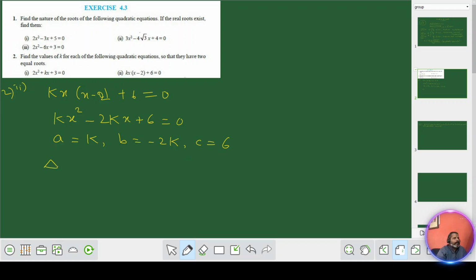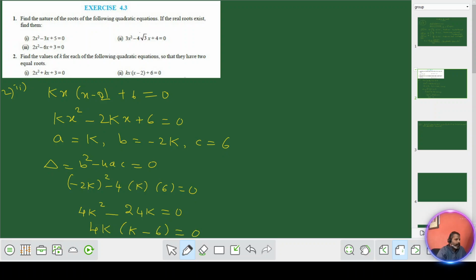Since they said the roots are equal, we make it equal to 0. So b is −2k: (−2k)² − 4 into a is k, c is 6, equal to 0. (−2k)² is 4k², minus 4 times 6 is 24k, equal to 0. What is common here? 4k is common: 4k(k − 6) = 0.